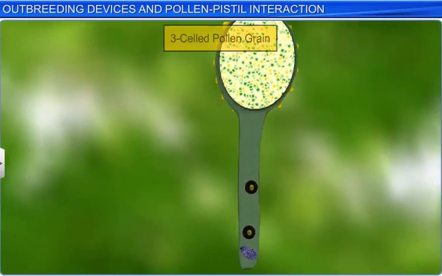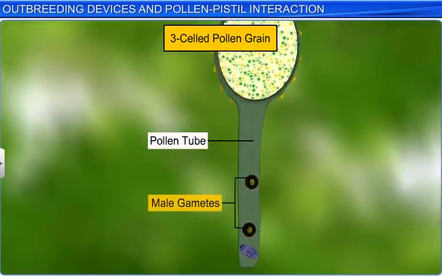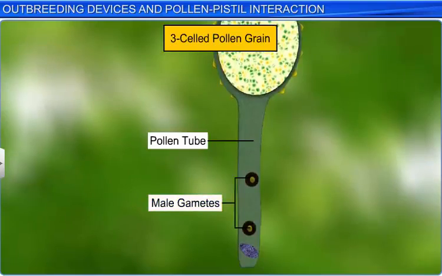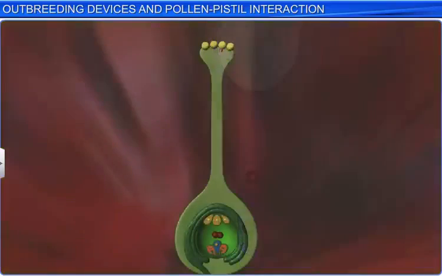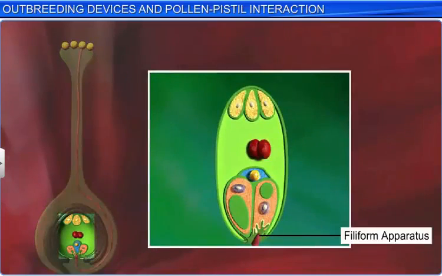However, in a three-celled pollen grain, the pollen tube carries two male gametes from the point of germination. The pollen tube then grows through the style and advances towards the ovary, which contains the ovule. The pollen tube then makes its way through the micropyle, the entry point of the ovule, and pierces the filiform apparatus that guides its journey towards the synergid.